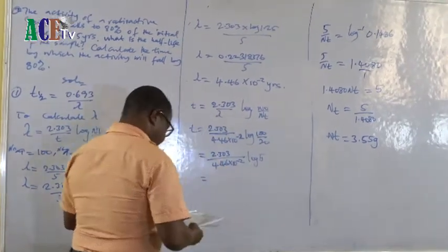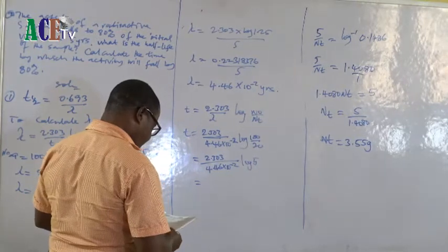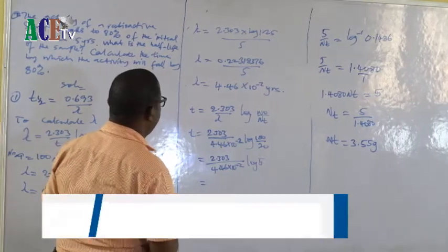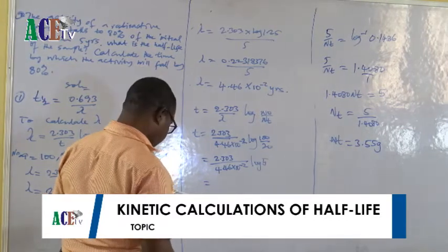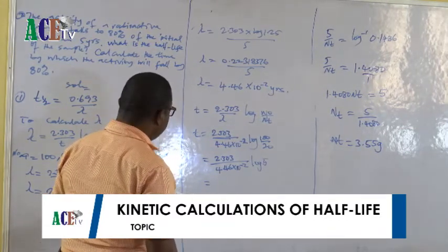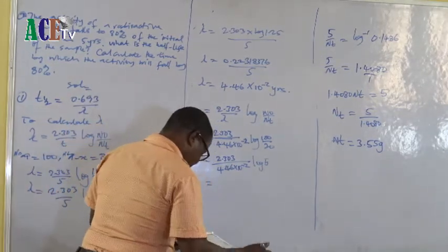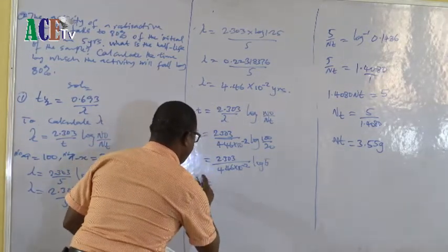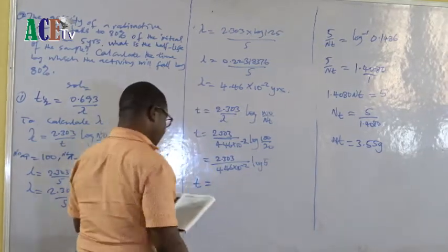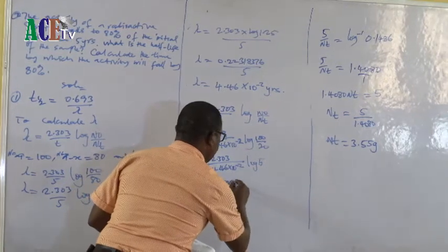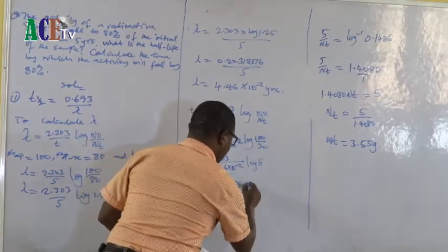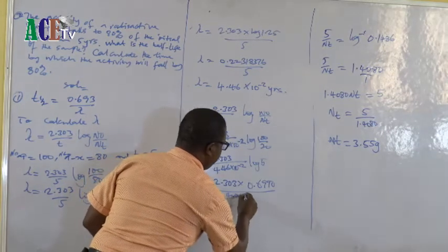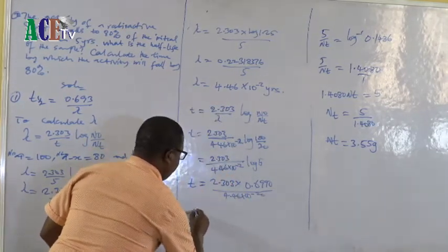So when we divide this by this now, it's going to be T. Our T is equal to 2.303 multiplied by the log of 5, which is 0.6990, then everything divided by 4.46 times 10 raised to the power minus 2.